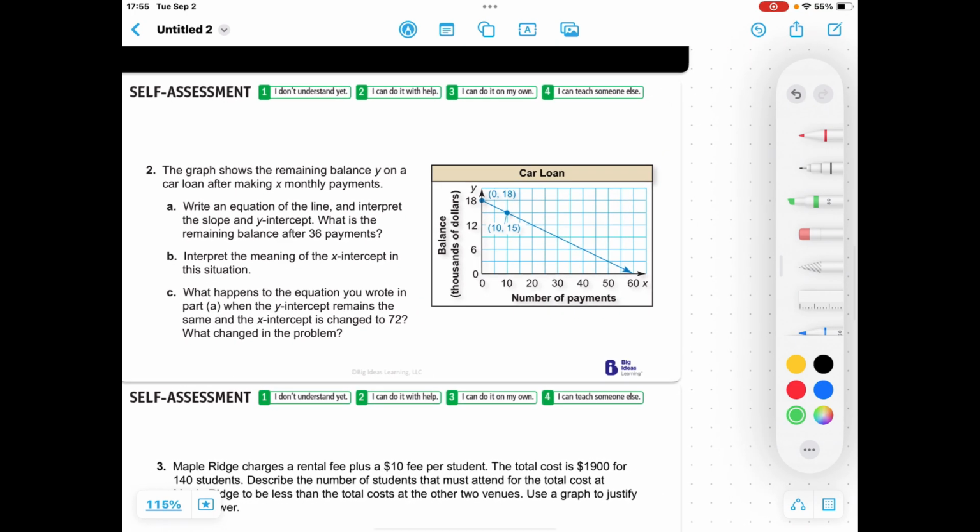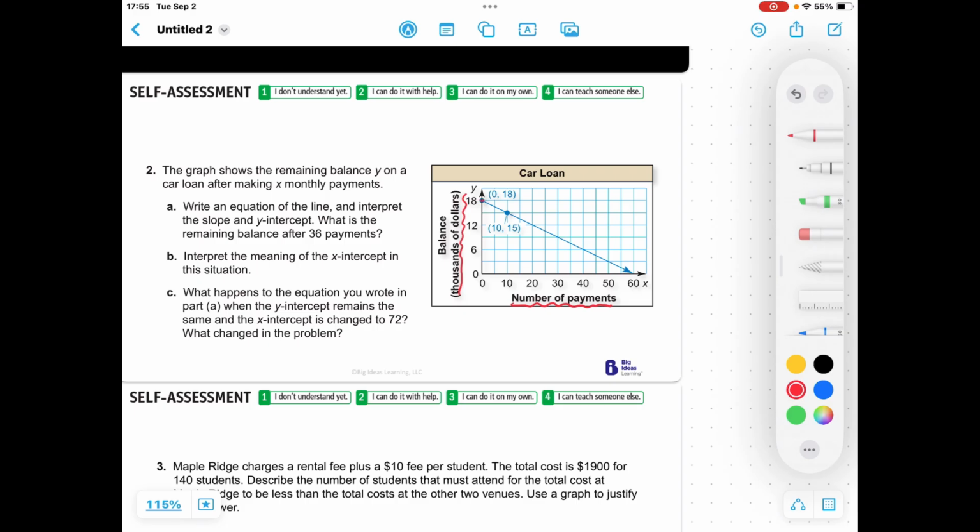That does bring us to part 2, though. It says the graph shows the remaining balance y on a car loan after making x monthly payments. So without even looking at the graph, we have a good chunk of information. My balance, my y, is in thousands of dollars, where my x coordinate deals with my payments.